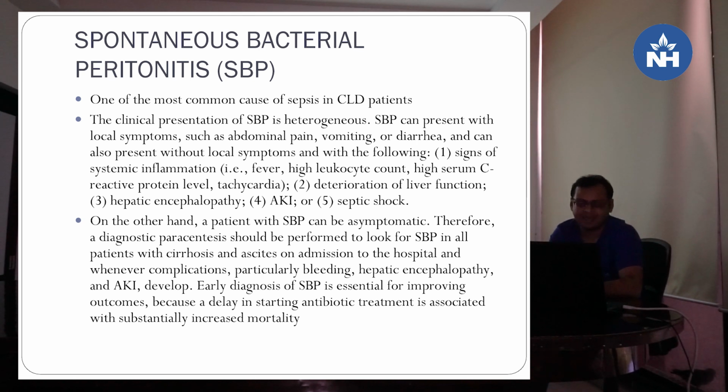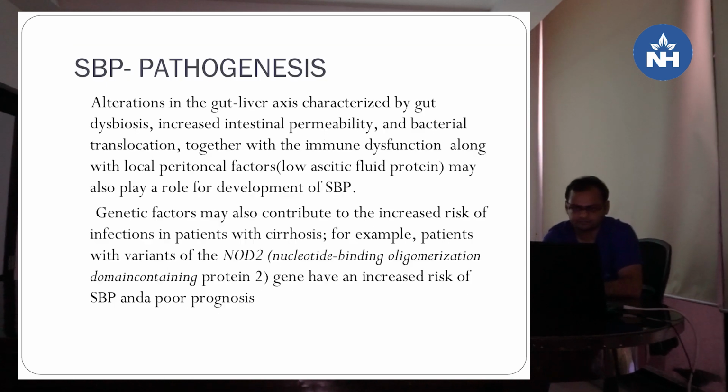But as the patient can present asymptomatic, a diagnostic paracentesis should be done to look for SBP in all patients with cirrhosis with ascites on admission to the hospital. And whenever a complication, particularly bleeding, hepatic encephalopathy, or AKI develops, early diagnosis of SBP is important because early treatment with antibiotics is associated with good outcome.